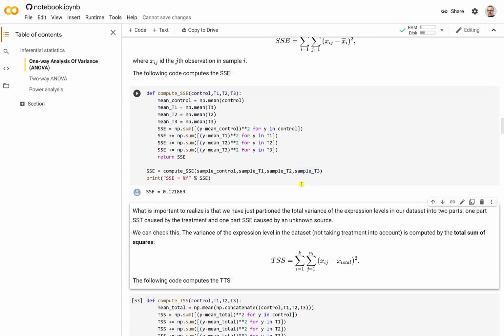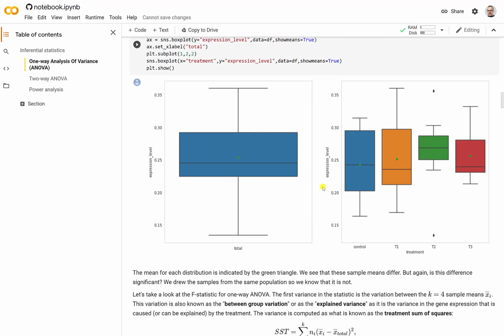Okay, and what's very important to realize is that what we have been doing is partitioning this variance that we see here, so the variance of all the expression values. We decompose or partition that into some part that is due to the factor, so that would be the treatment sum of squares, and some unexplained variation, so that would be the within group variation or the sum of squares of the errors.